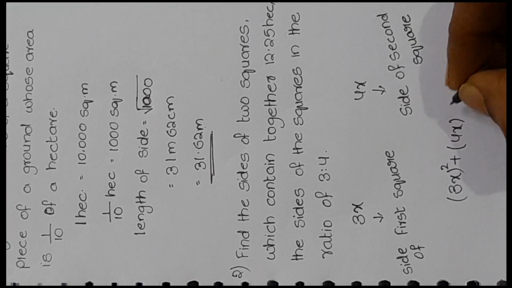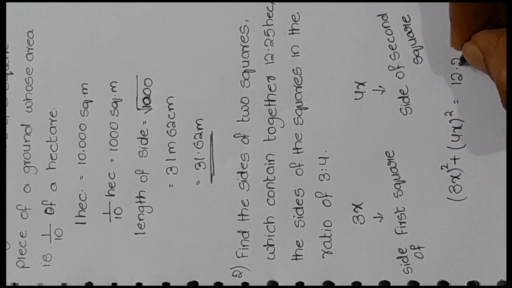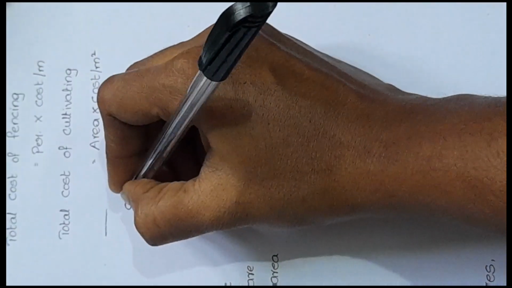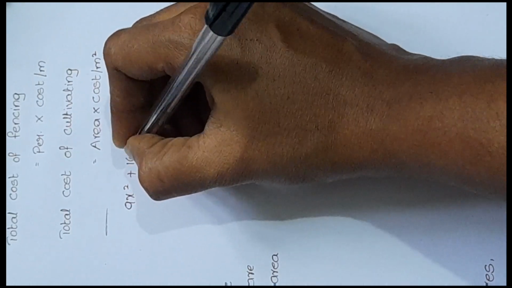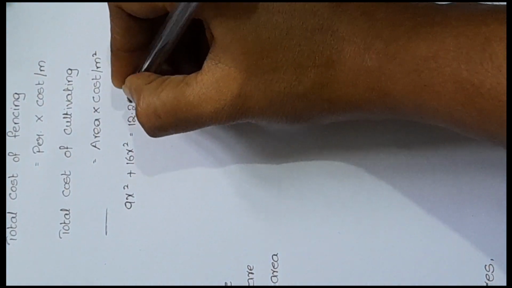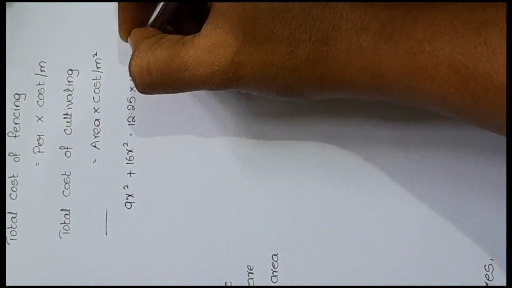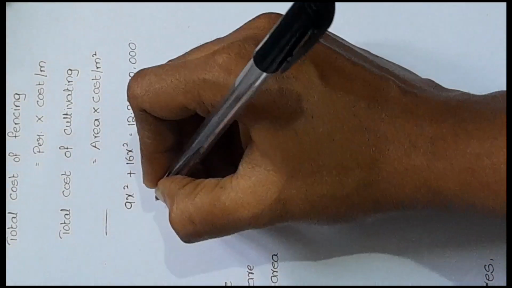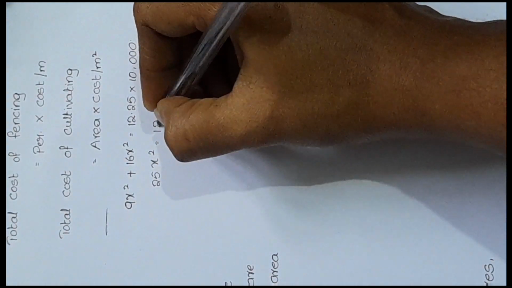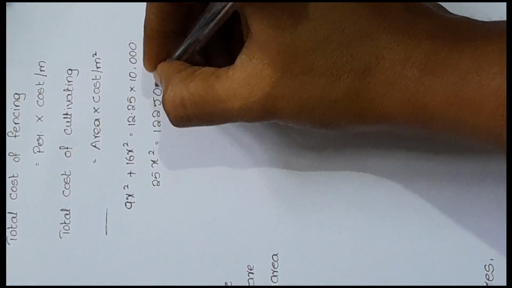Now the sum of the areas of both the squares is 12.25 hectares, as given in the question. This can be written as 9x square plus 16x square is equal to 12.25 into 10,000 square meters, since 1 hectare is equal to 10,000 square meters. So from this, 25x square is equal to 122500.